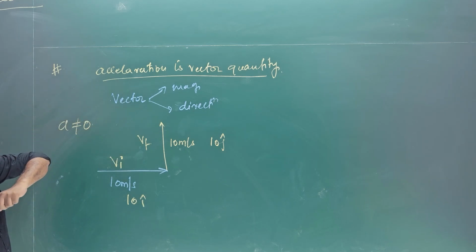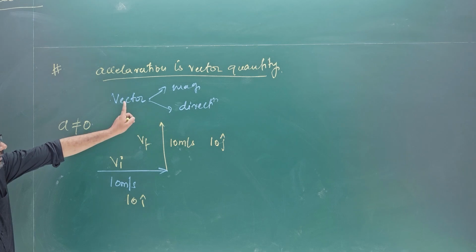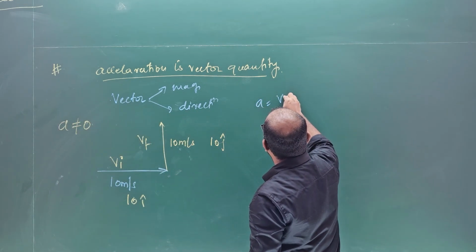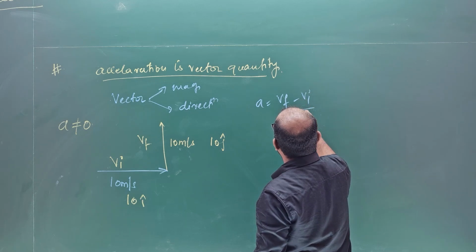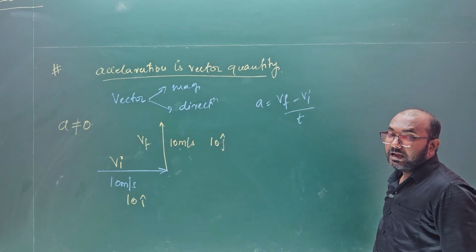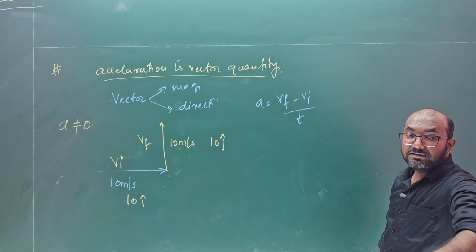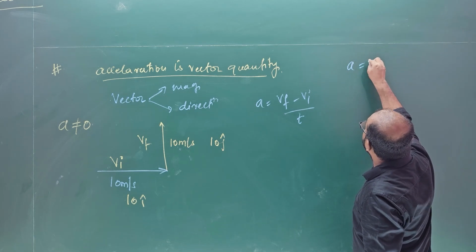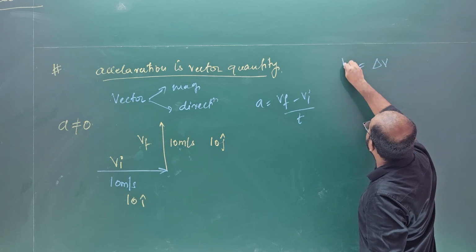If it is moving in this direction and then later it is moving in that upward direction, the acceleration value is nothing but v final minus v initial upon time. Yes or no? And I am saying that the direction of acceleration is along the direction of change in velocity. So acceleration has delta v's direction.